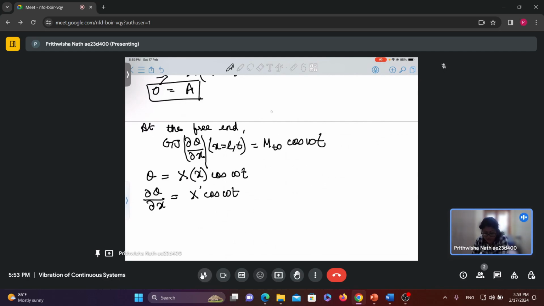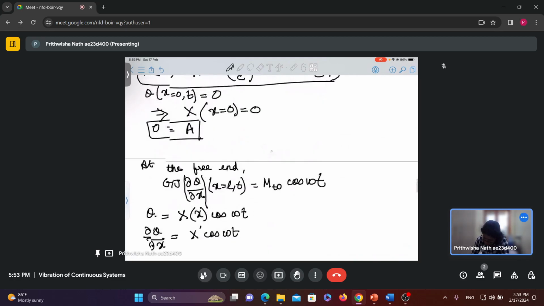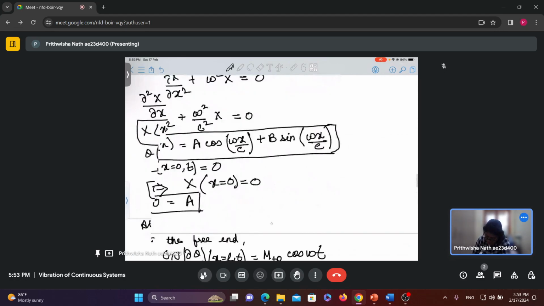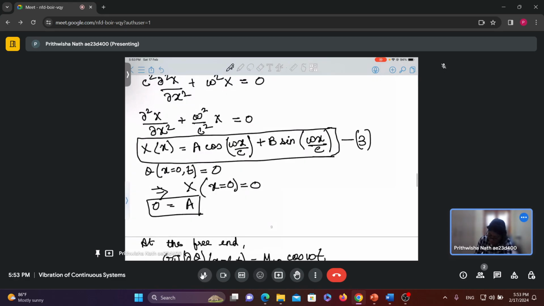So I know the expression for x. What is the expression for x? X is given by this equation. Let this be equation number 3.